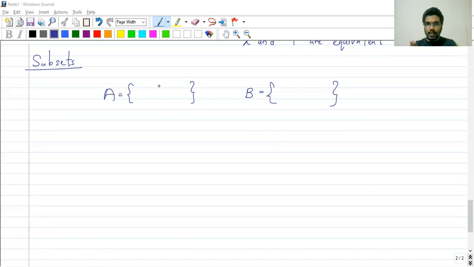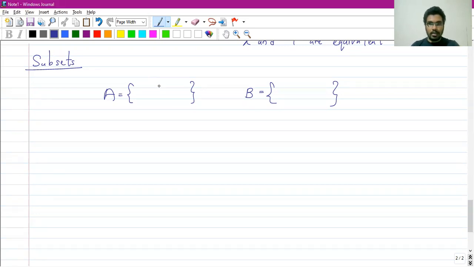If all the elements in set B are inside the set A also. Again, I will tell, if all the elements in set B are inside the set A, we can tell that B is a subset of A.